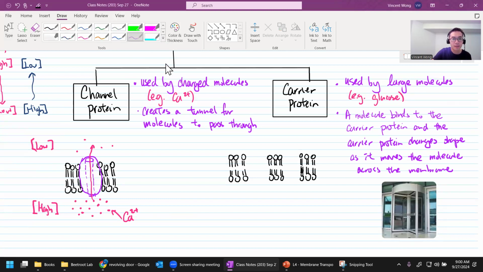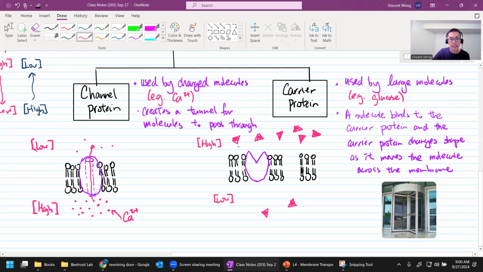So we have our carrier protein here. This is the channel protein. This is the carrier protein. And let's say we have some of these triangle stuff that we want to move through, okay? And there are a lot of them outside and not a lot on the inside. So this is high, this is low.